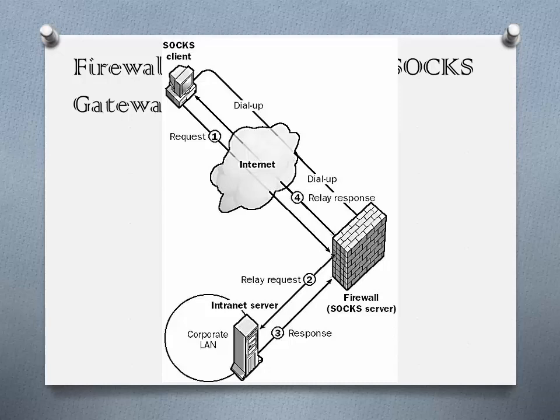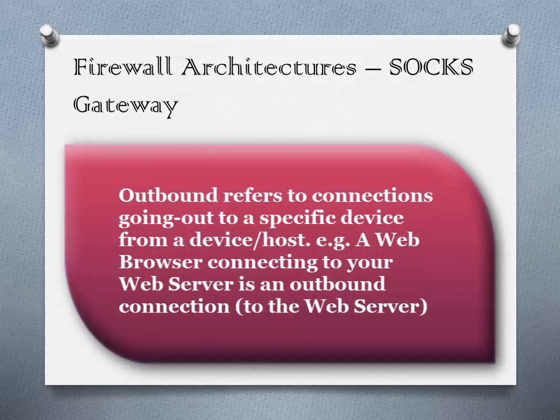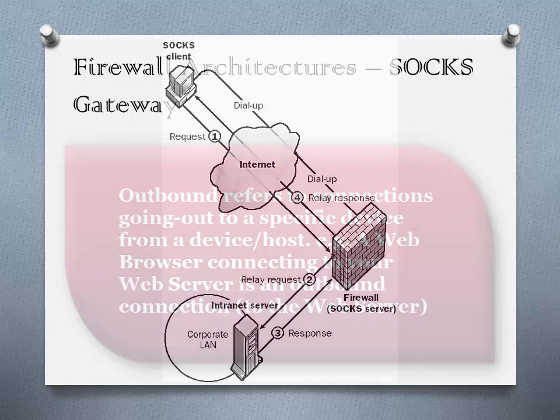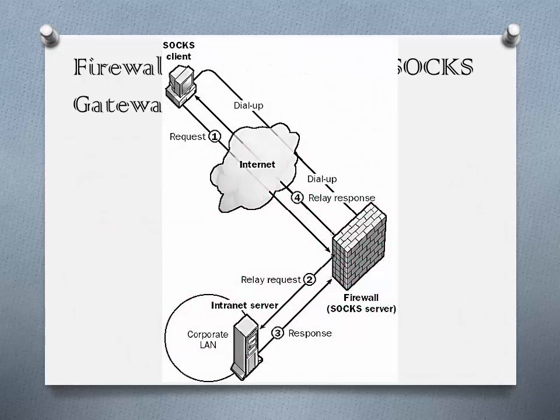This firewall is mostly used for outbound internet access by a workstation. The problem with this type of firewall configuration is that it is support intensive due to individual workstation configurations and use of proprietary software.